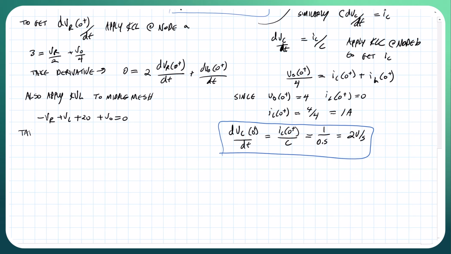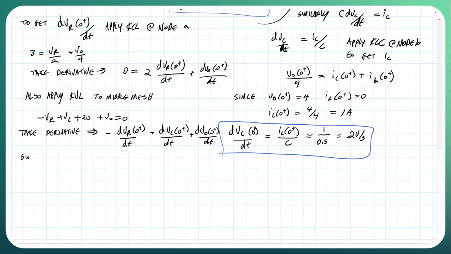We take the derivative, and that's going to give us the following: minus dVR over dt plus dVC over dt plus dV0 over dt.